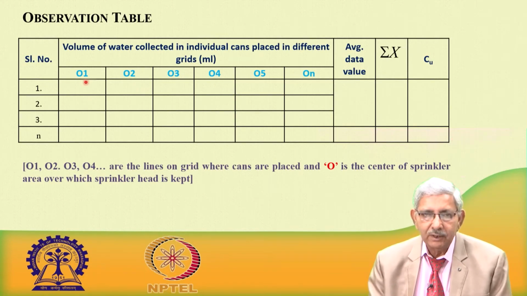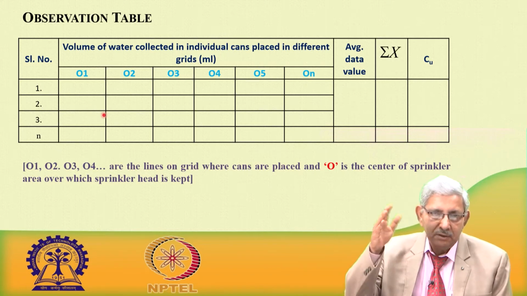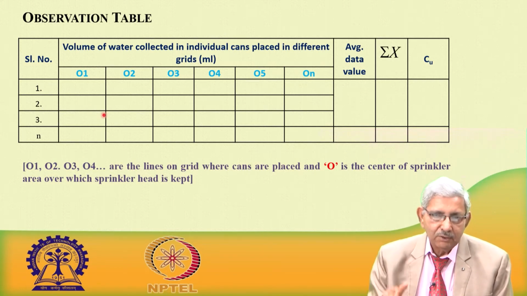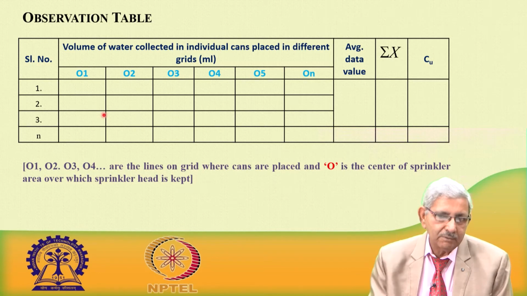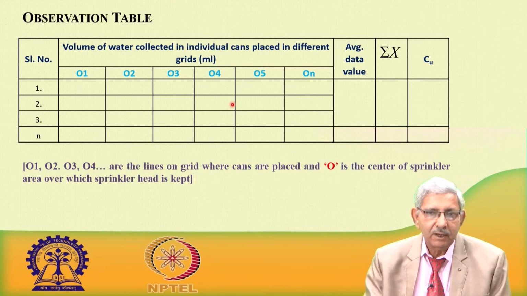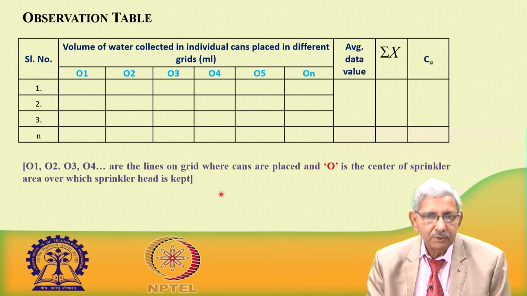So, like this, for serial number 1, it is basically the row and column, and at the center of that row and column location, a can is kept and the observation can be obtained. O1, O2, O3 are the lines on which the cans are placed, and O is the center of the sprinkler over which the sprinkler head is kept.